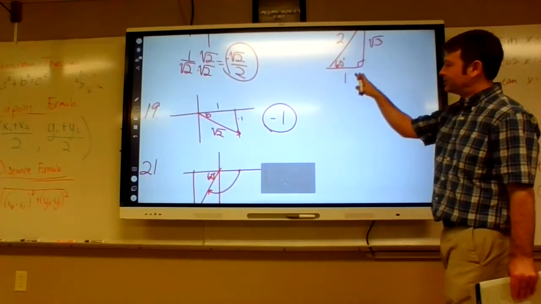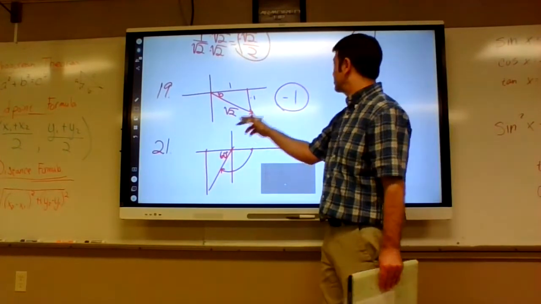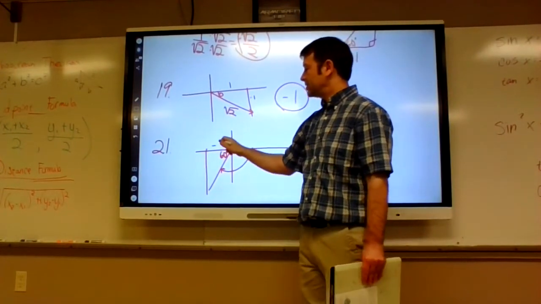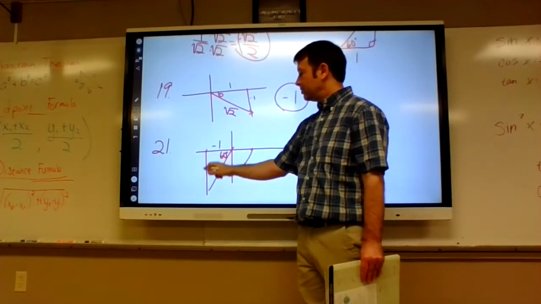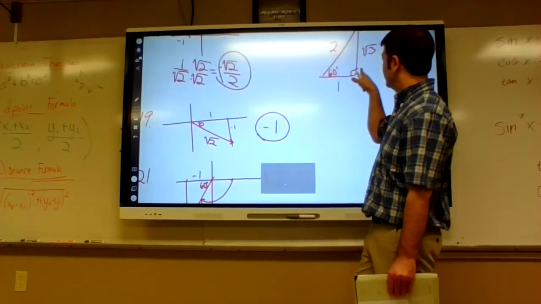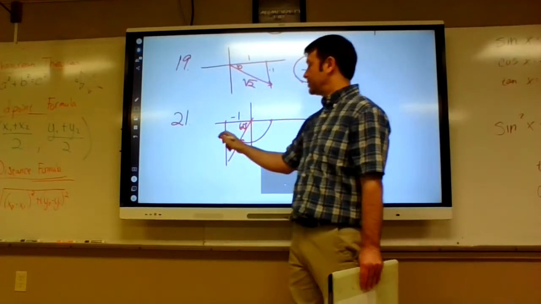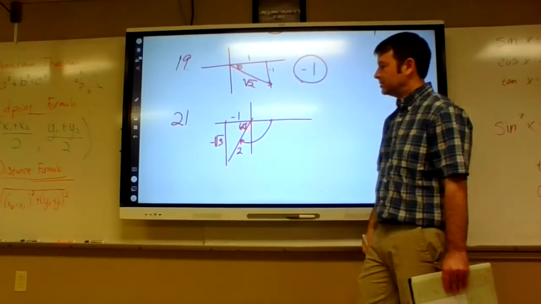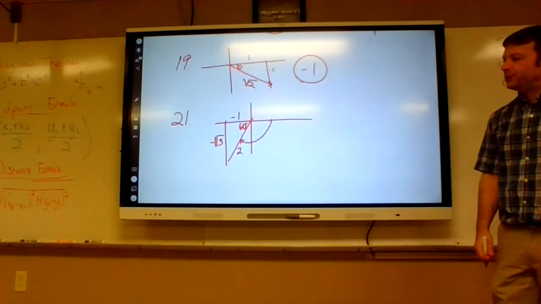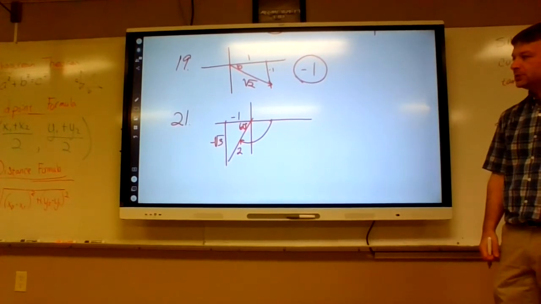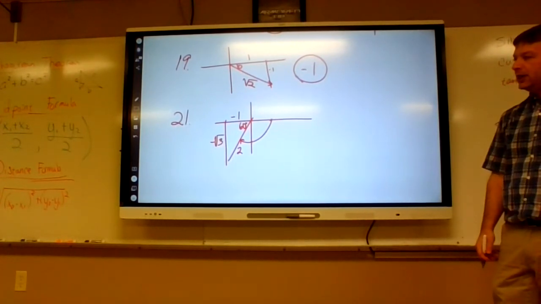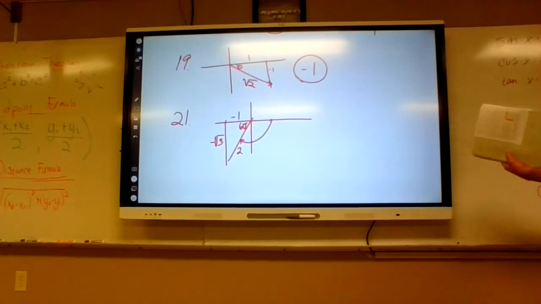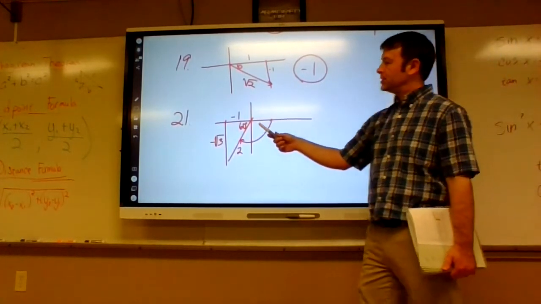So when I use this special triangle here, its short leg is 1. In this case, it's more like a negative 1. The long leg is square root of 3, but since it's going down, it's more like a negative square root of 3. And the hypotenuse is always positive 2. And cotangent is adjacent over opposite. So what is adjacent to 60 degrees?